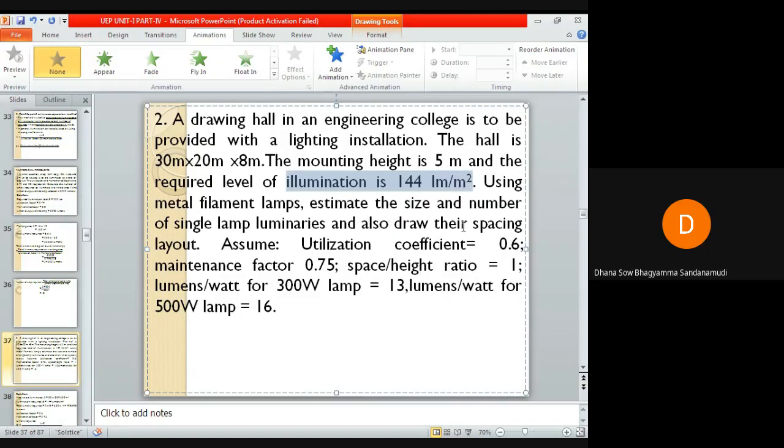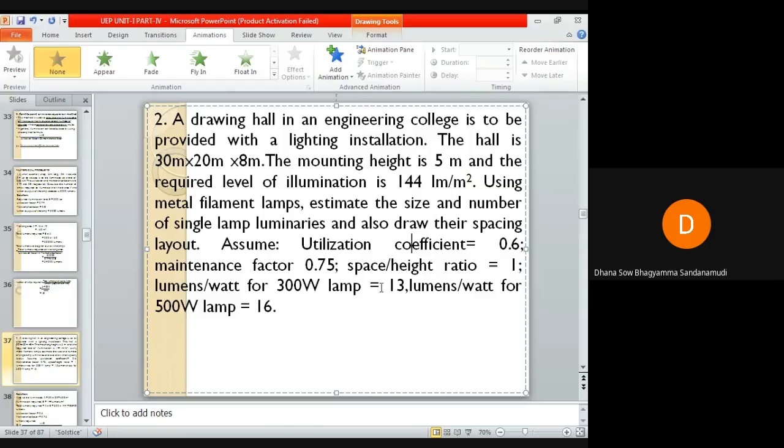I hope you people are writing this problem in your notes. Here we are going to use metal filament lamps, and we have to estimate the size and number of single lamp luminaires, and also draw their spacing layout.